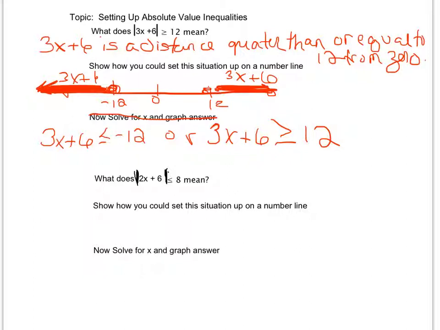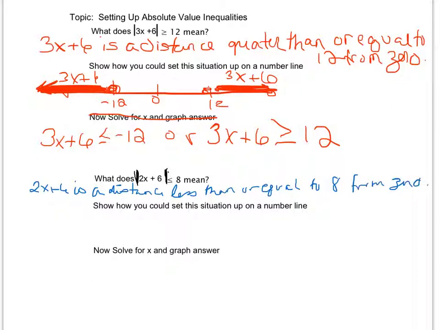Okay, so I'm going to write that down. So 2x plus 6 is a distance less than or equal to 8 from 0.